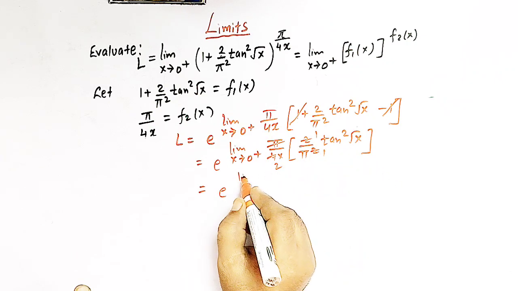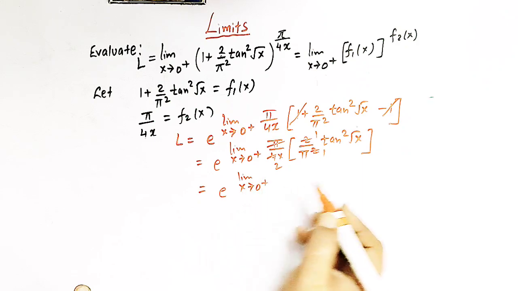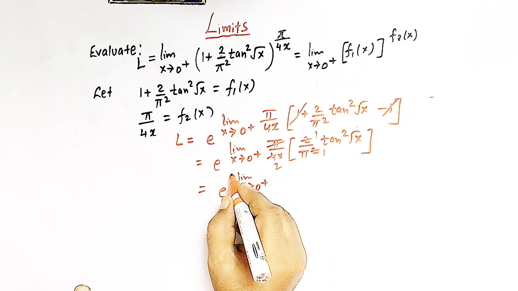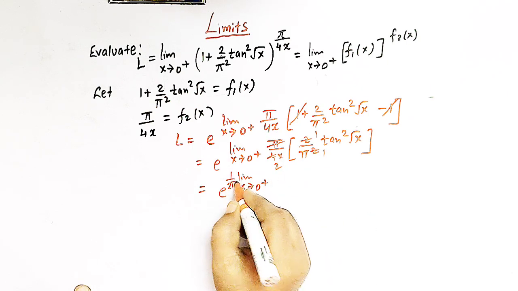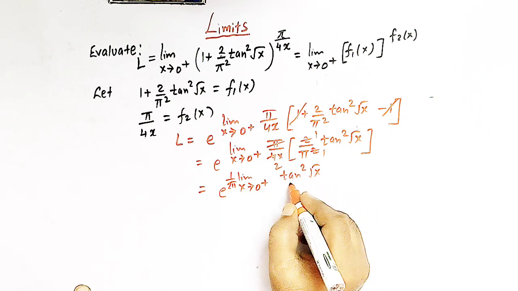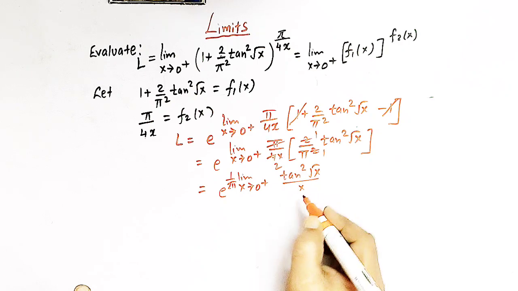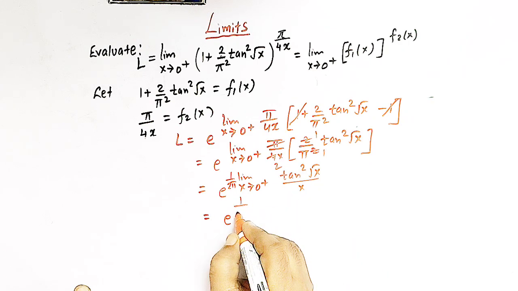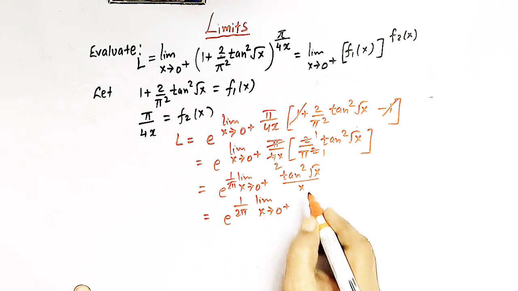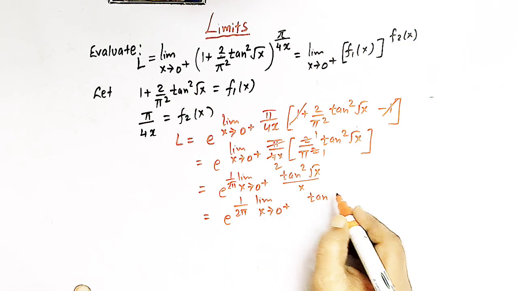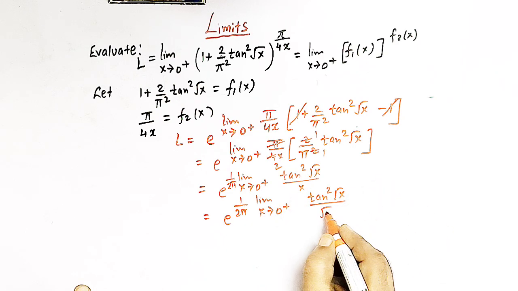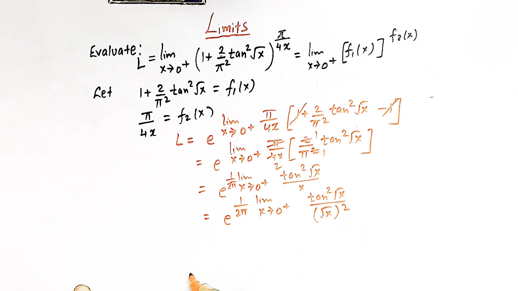So now we have limit x tends to 0 positive. Now here we are left with 2 and pi, so we can write 1 over 2 pi, and here we have tan square root of x over x, right? So now we can write 1 over 2 pi, limit x tends to 0, and tan square root x over x, where this x can be written as the square of root x, right?